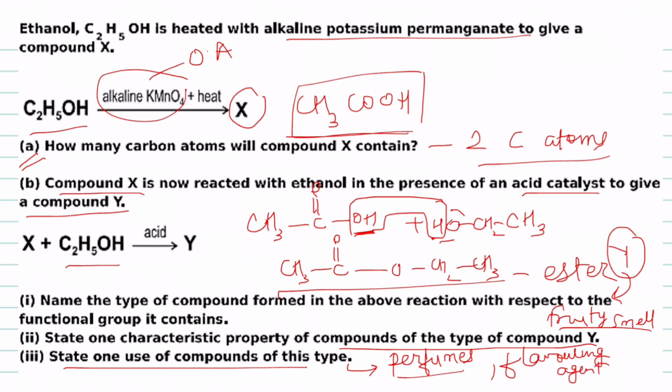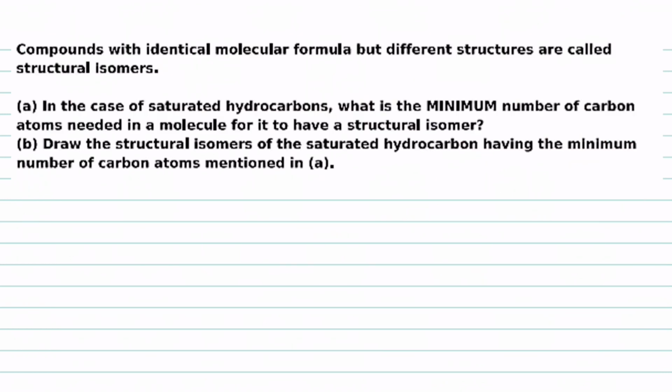Okay, moving on. Compounds with identical molecular formula but different structures are called structural isomers. In case of a saturated hydrocarbon, what is the minimum number of carbon atoms that need to be in a molecule for it to have a structural isomer? So one carbon, obviously, cannot have any other arrangement.